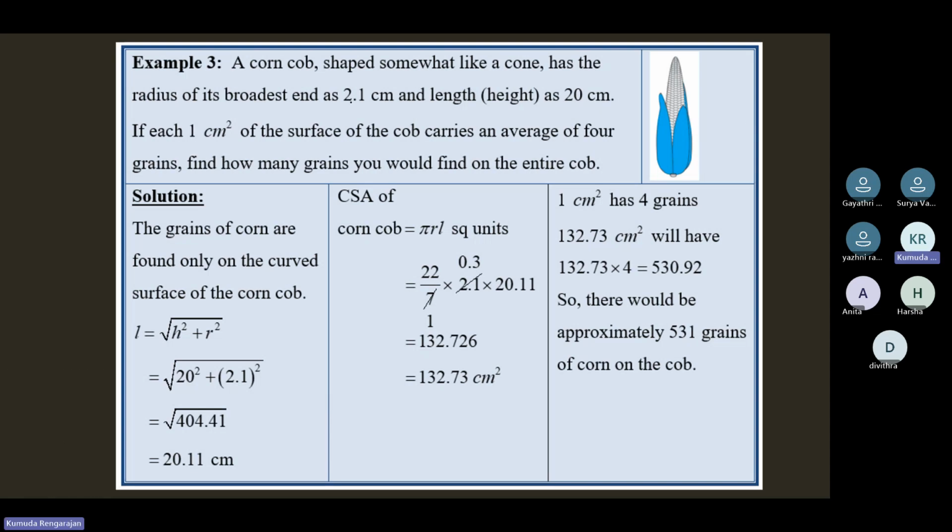In the question, you have the radius 2.1, and the height. Whenever it is height, it's always a perpendicular height. If it is slant height, it will be given as slant height.